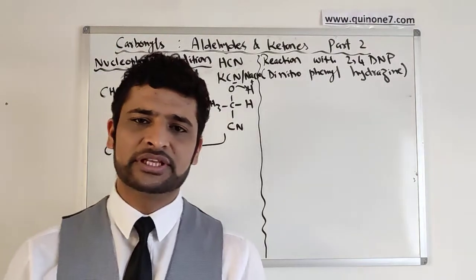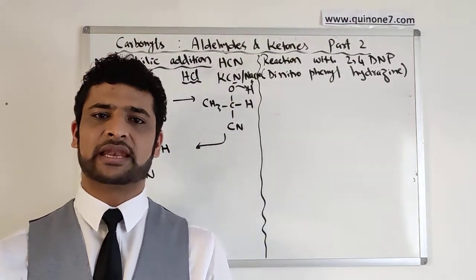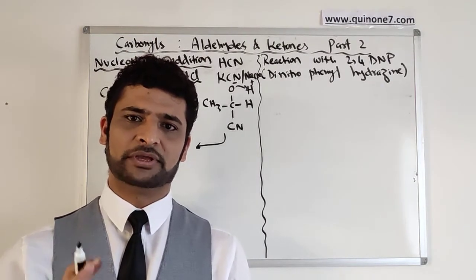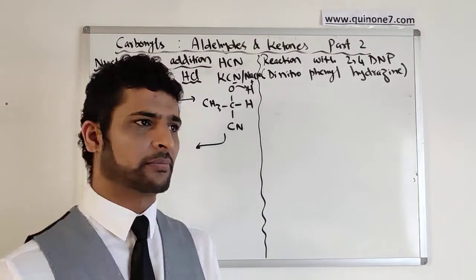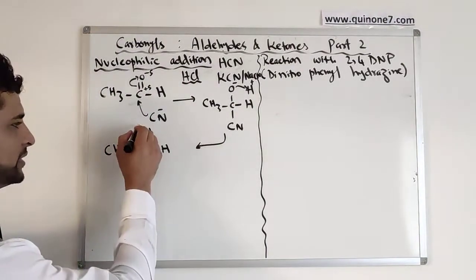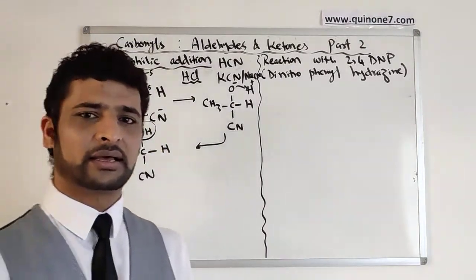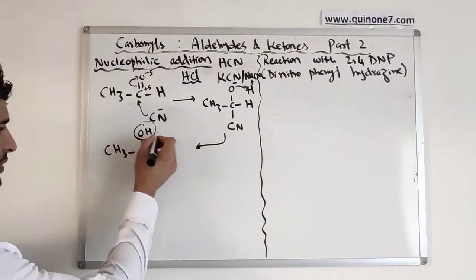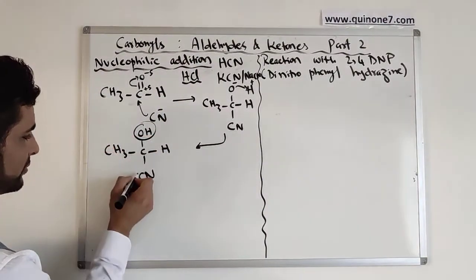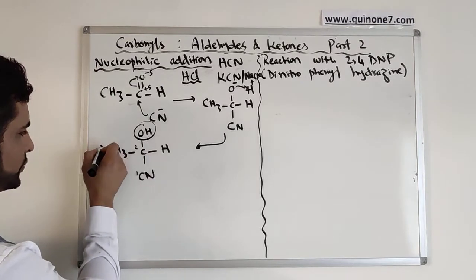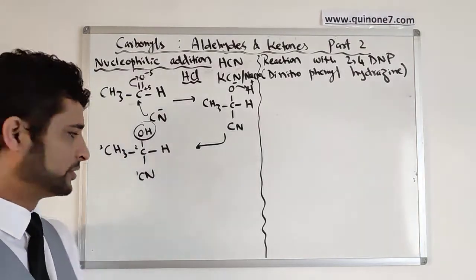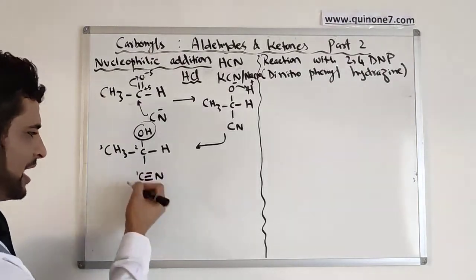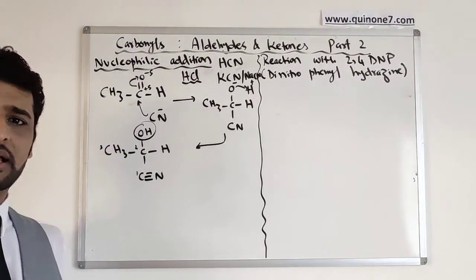Now, to name these nitriles, CN is part of the longest carbon chain, so that will be written with the parent hydrocarbon. The hydroxyl group will be known as the side chain. We start the numbering from the nitrile group, C triple bond N, because this has priority.